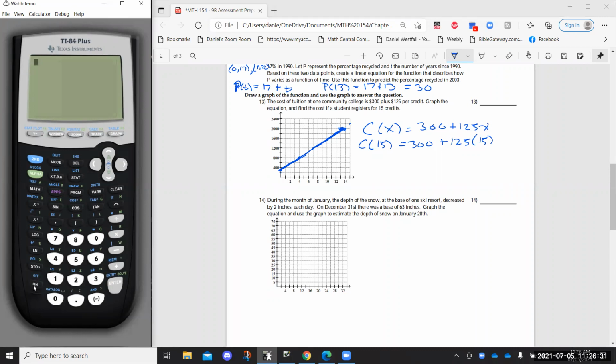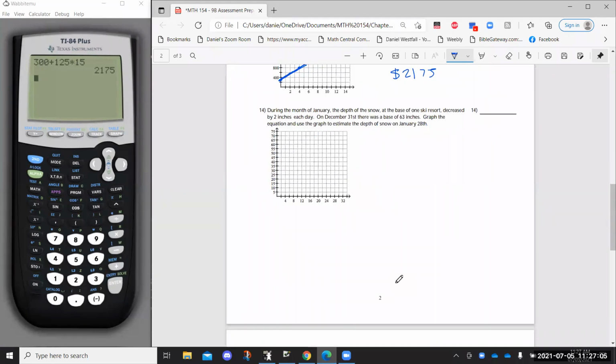I don't know how good my drawing skills are. 300 plus 125 times 15 is close. I said it was about 2,200, so 2,175, right? So I can use the line to project and approximate, but that's not as good as figuring out the answer with algebra and arithmetic.